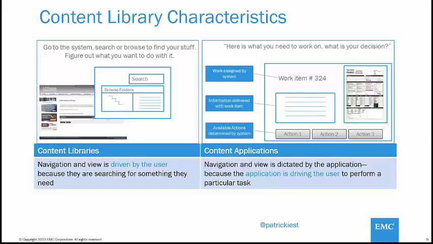And generally, when you're interacting with a content library, your actions are very much driven by what you want to find. You're doing research, and maybe you know where the document may be, but you're really directing the interaction with the system.